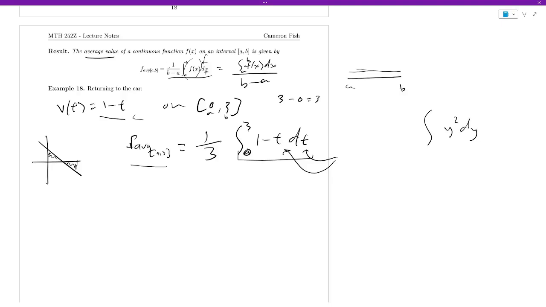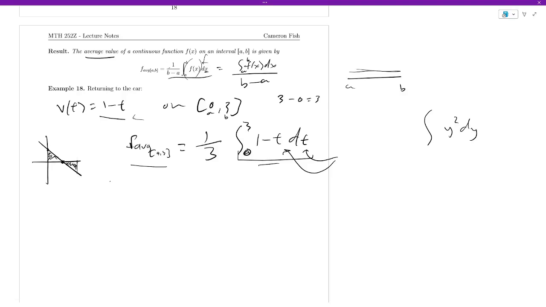Okay, so we can find the average value. We just have to find the value of this integral. How could we possibly do that? Well, these are some triangles, right? We talked already about how to find the value of the integral given that you know it's triangles or some other shapes. I think we have to figure out what this breakpoint is and what these heights are in order to have a final answer.